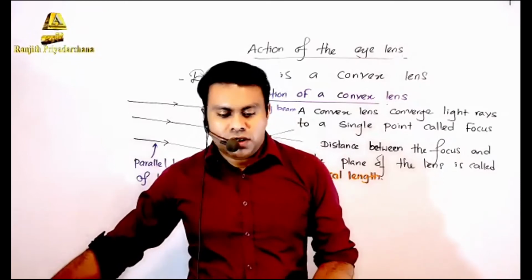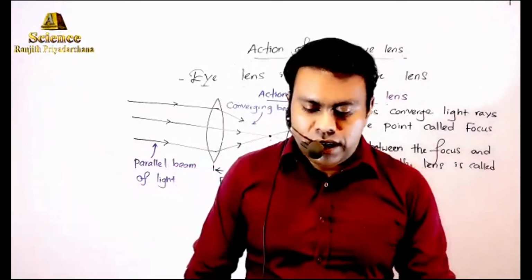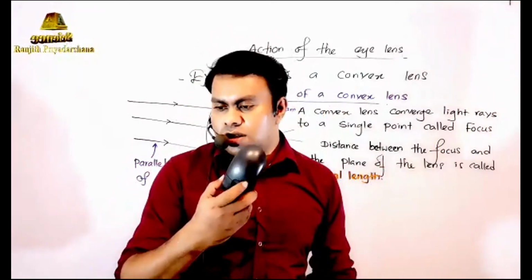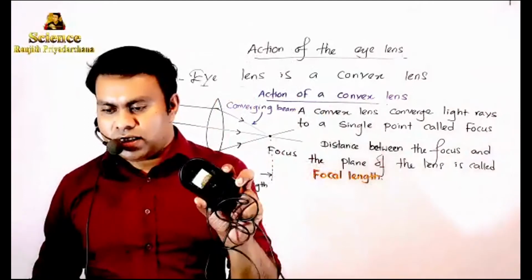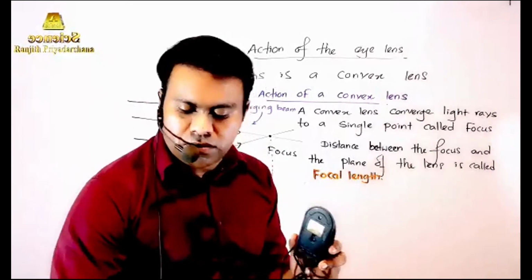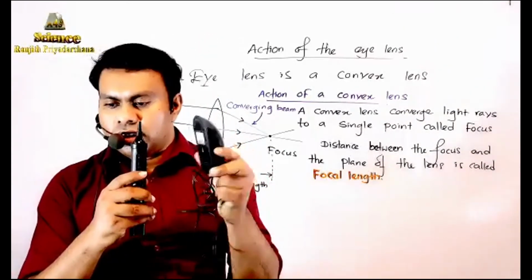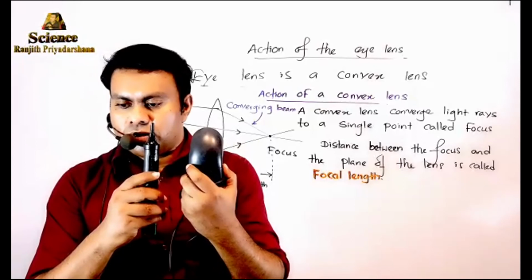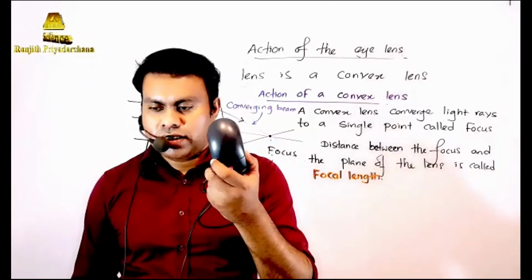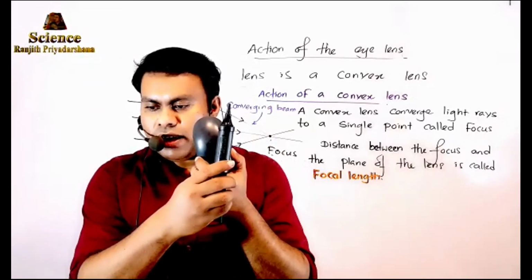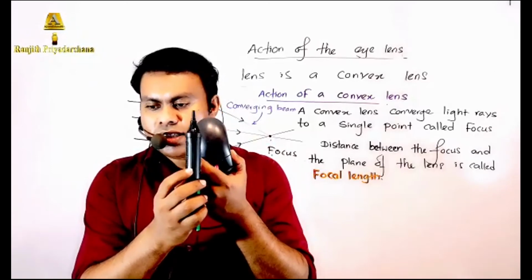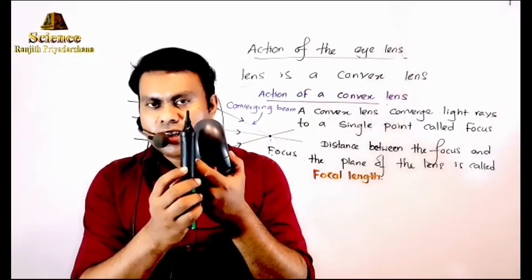Okay, now take a black color one like this. This very old mouse is a black color one. If you take another black color one and compare it with this black color, you will feel the earlier black one is now an ash color.